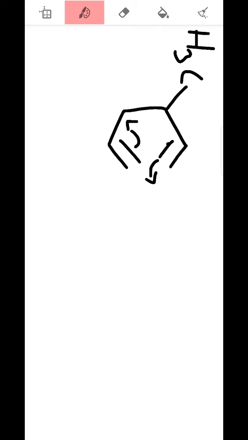Automatically, if this double bond is coming down and this is coming up, definitely this double bond will need to stabilize, this single bond will stabilize this region. You understand now? Look at the bond movement. The first one, this double bond will come in, this one will come in, and here this one will move out, and this is going up. Basically it's because this sigma bond is moving up.